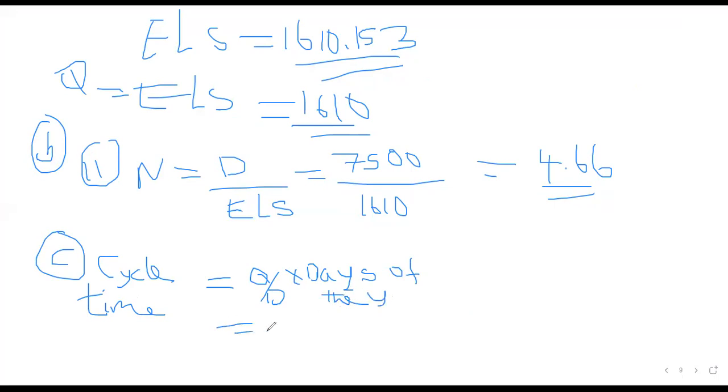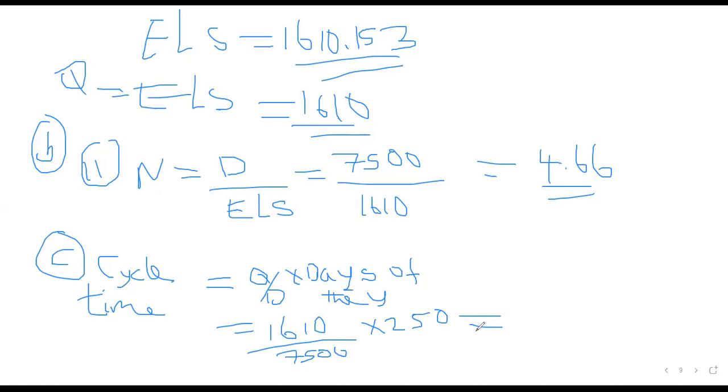So meaning our Q is 1610 over 7,500, then multiplied by 250 days.